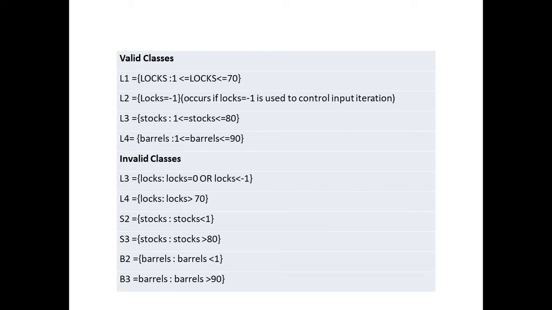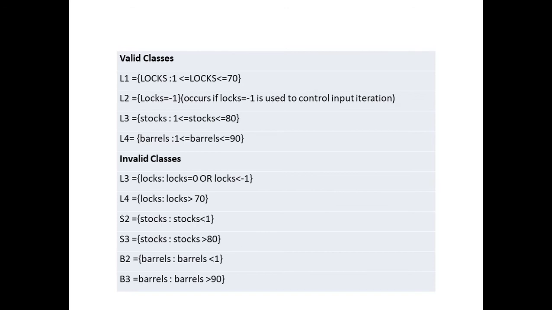Now, what is a valid and what is an invalid case in the commission problem? Here you can see on the screen, for locks they have given a limit, that the salesperson can sell only 1 to 70 locks, only a total of 70 locks in a month.